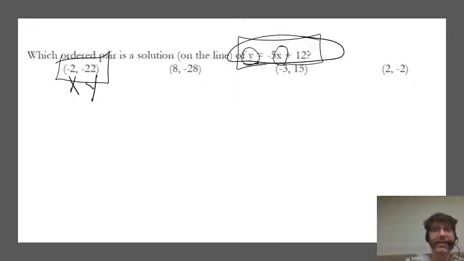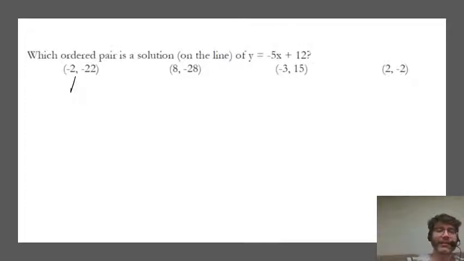If I come up with two sides of the equation that do not equal each other, something that's inconsistent, by definition, that point does not lie on the line. It's a point, it just doesn't lie on the line. So that's how you can tell. Plug it in, and if it becomes an identity, meaning both sides equal each other, it's on the line. If it creates an inconsistency, like -1 equals 5, then you know it cannot be on the line. So it's just a matter of plugging the numbers in and doing the math.